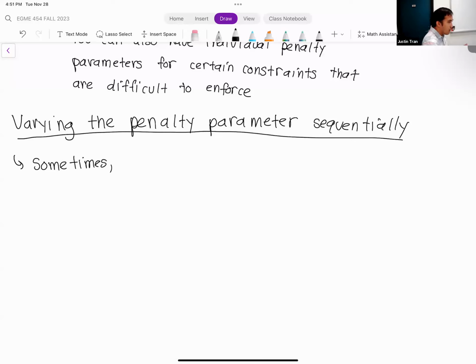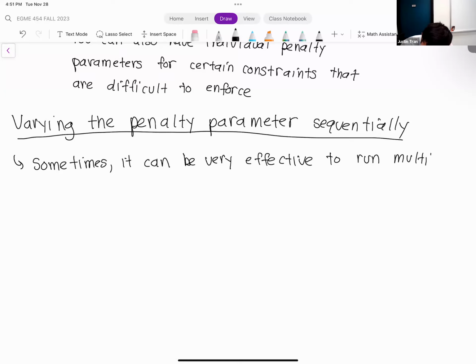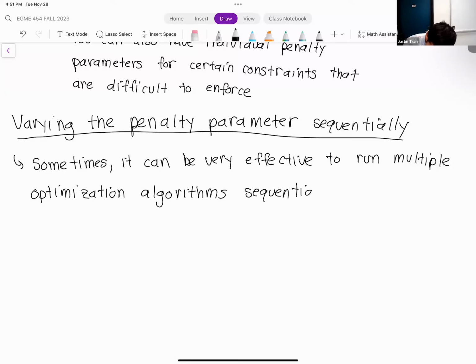So this is very similar to a homework problem that I gave right before the midterm. Okay.